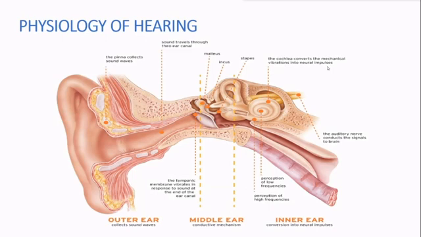As the tympanic membrane moves, it moves the ossicles in the middle ear, and the movement of the ossicles causes movement of the fluid in the cochlea.